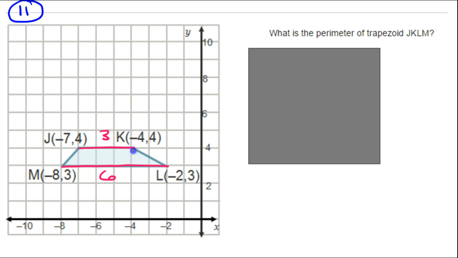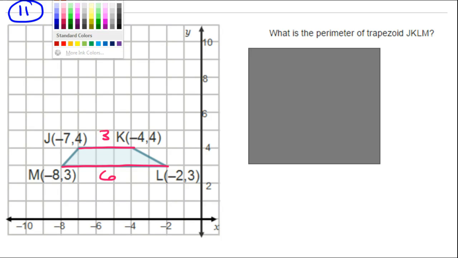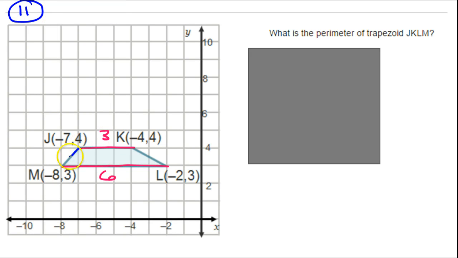The other 2, however, I will need some distance formula. Alright, I'm going to need some distance on this. Okay, so I'm going to color code this so you can see it easily. So I'm about to do the blue side, MJ. Okay, and remembering the distance formula, because that's all I'm about to do, I should do x minus x.